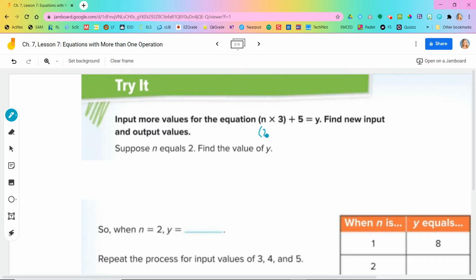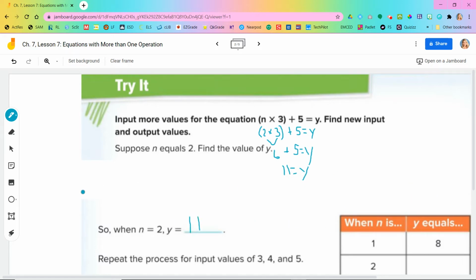So I'm going to input a 2 times 3 plus 5 equals y. And then I'm going to use my order of operations to solve. I do what's in parentheses first. That's 6 plus 5 equals y. And then 6 plus 5 is 11. So when n is equal to 2, y is equal to 11.